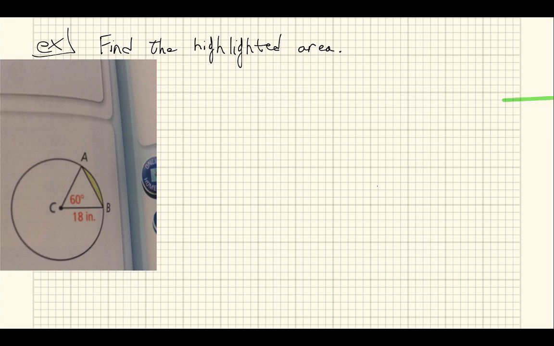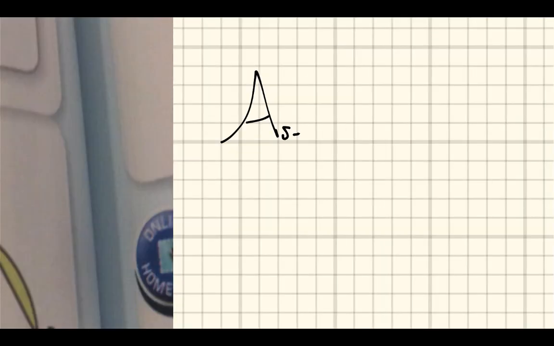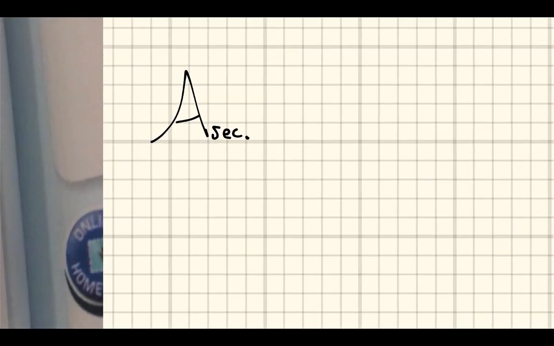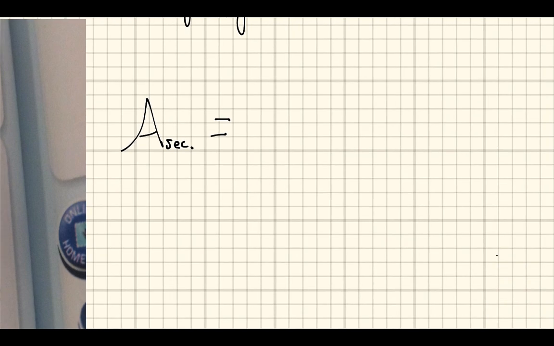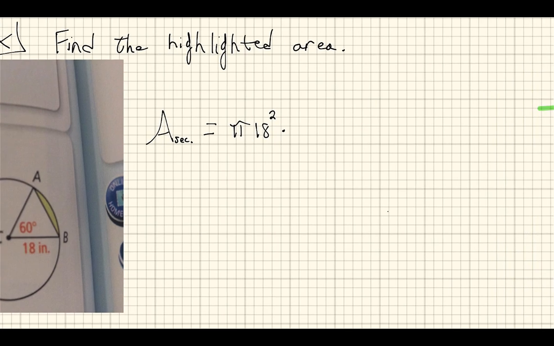So again, the sector area, if I have a radius of 18 and the central angle of 60, the area of the sector is going to be pi r squared, so pi times 18 squared, times that central angle, 60 degrees, so times 60 over 360.